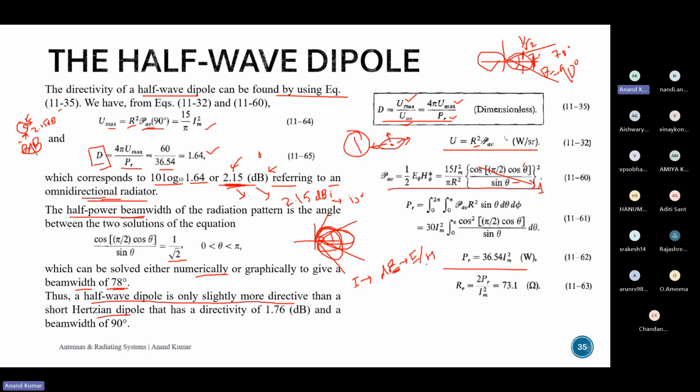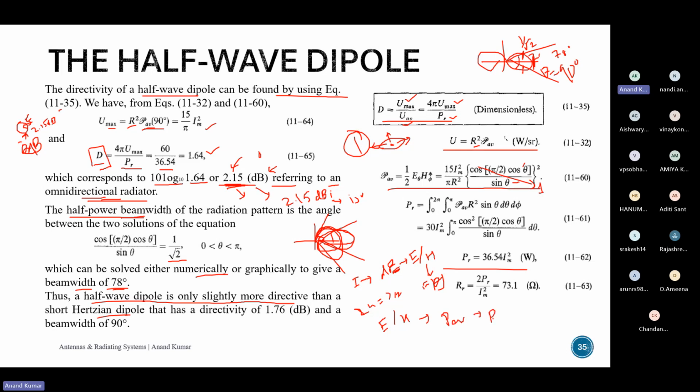Then we wrote it with respect to a pattern function, and then we chose a specific half-wave dipole, where the length equals lambda by 2, and using that we again wrote down the expression for electric field and the magnetic field, and we wrote down the expression for average power using the Poynting vector.